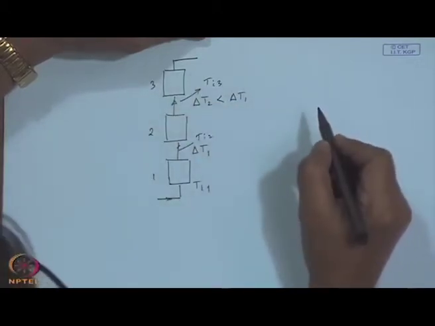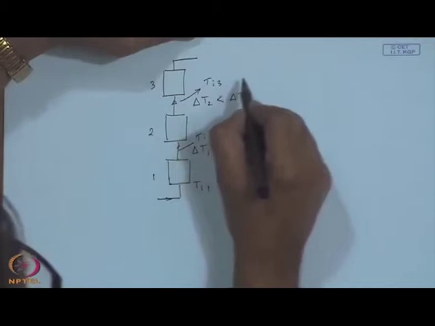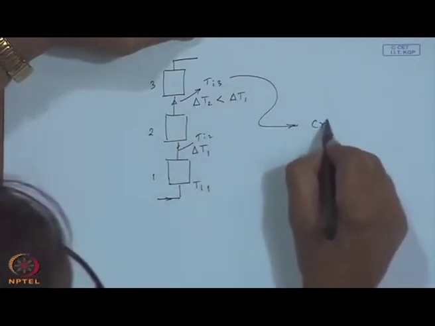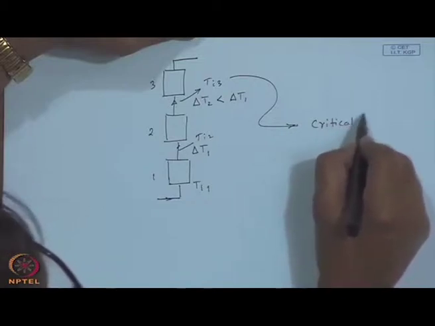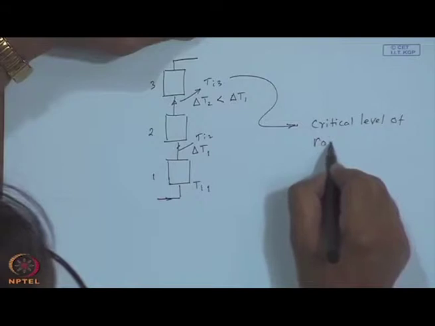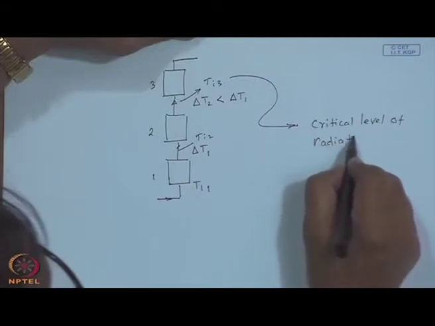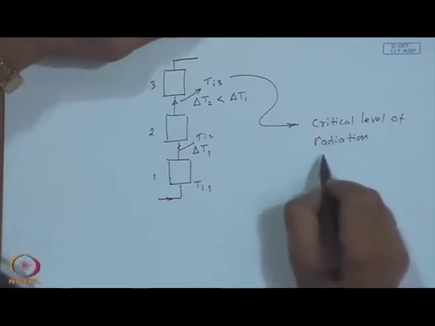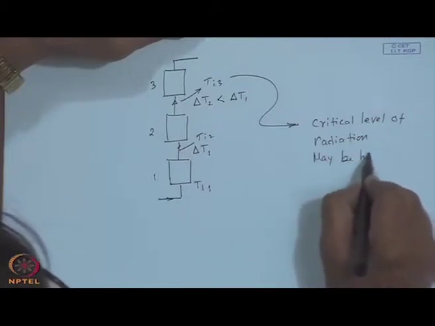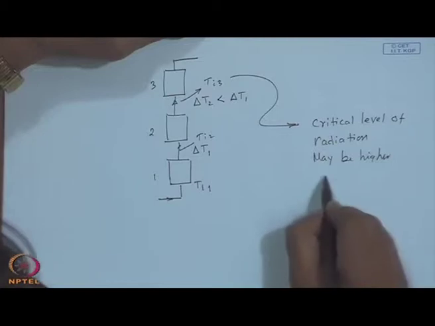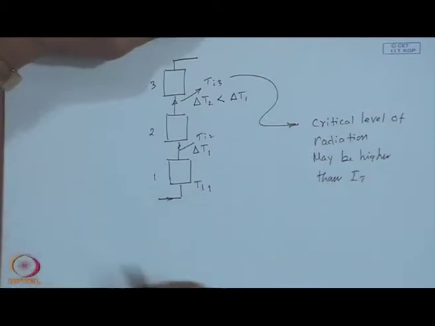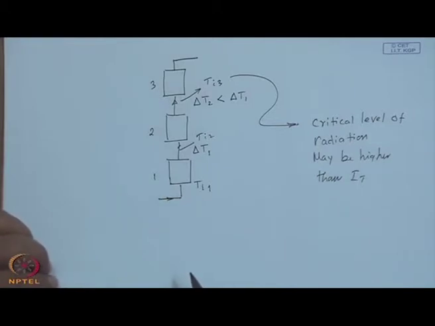So, T I 3 is much higher, consequently, the so called critical level radiation may be higher than the solar radiation falling on the collector.